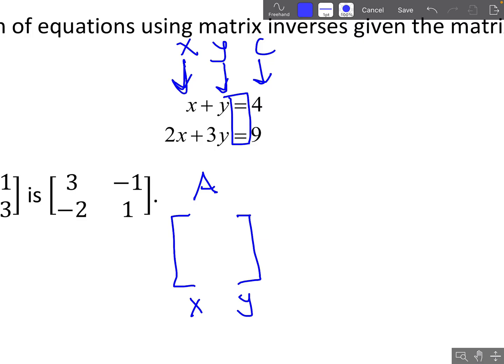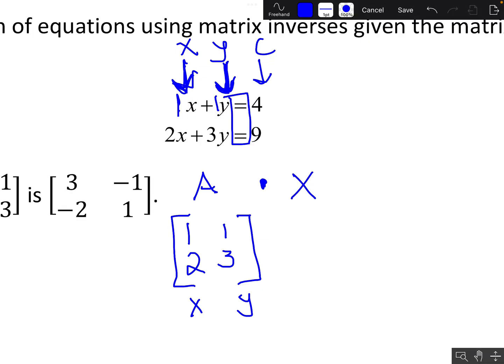If I look down here where I have my first column, I can see my coefficients of x are 1 and 2. My coefficients for y here are going to be 1 and 3. So that's how I get my coefficient matrix A. Now I'm going to multiply that times my variable matrix, which will be X, right?